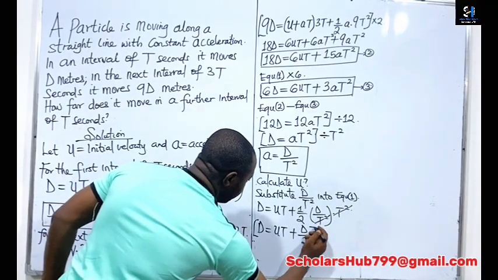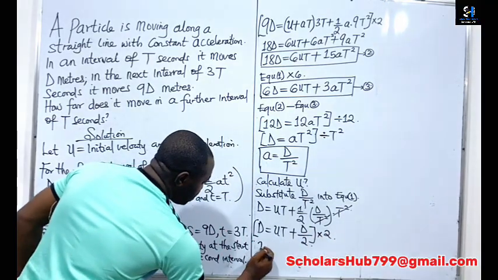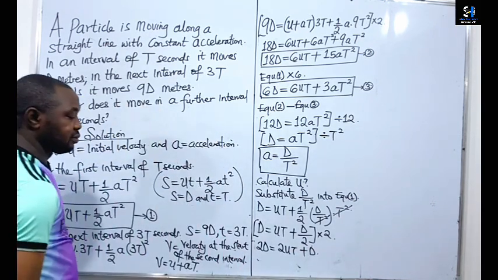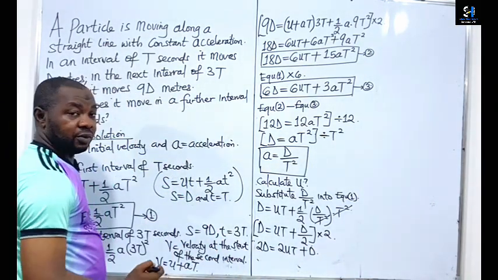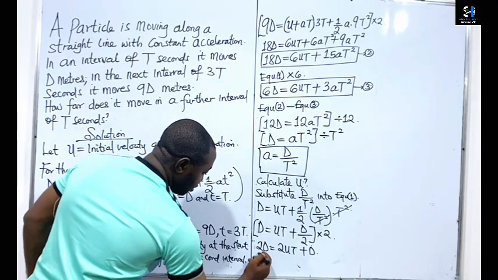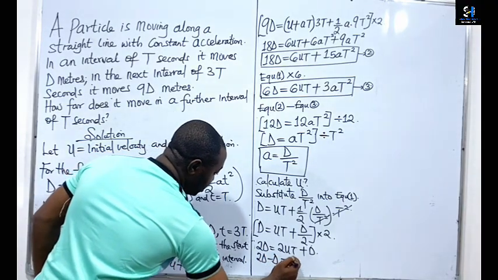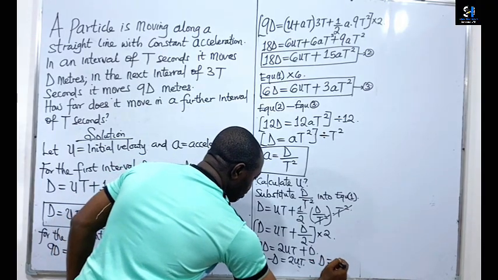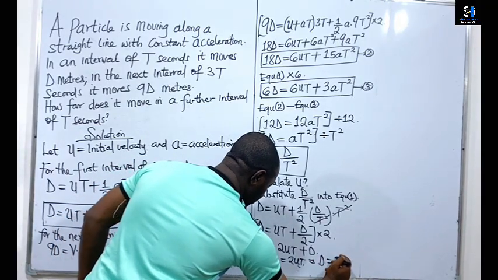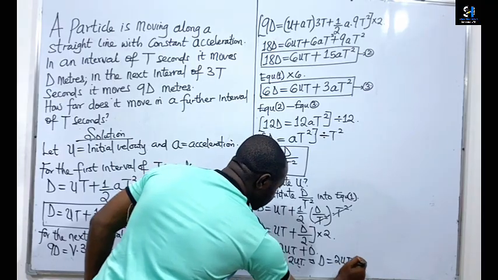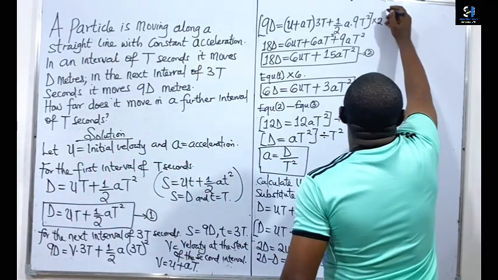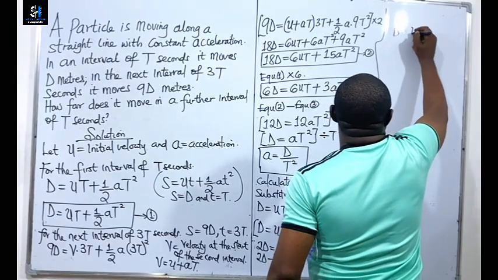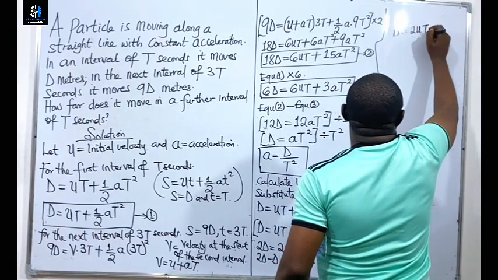Let me multiply this by 2, so that this will be 2d equals 2ut plus d. If I subtract d from both sides, this will be 2d minus d equals 2ut, so d equals 2ut.